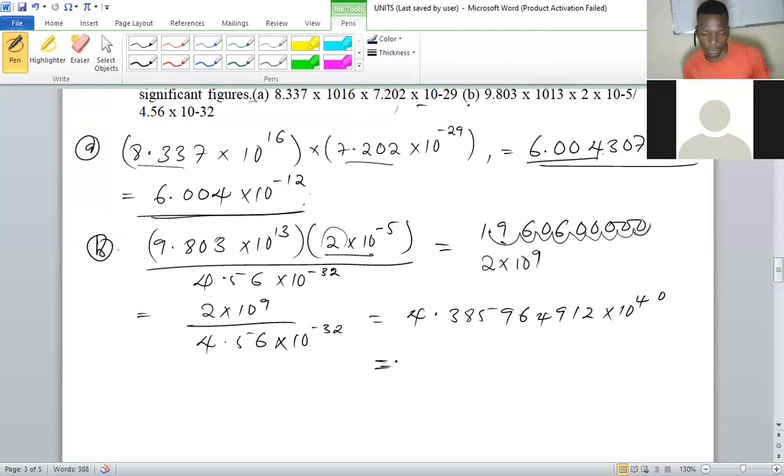The least number of significant figures is in the numerator, which has one significant figure. So even this answer has to be one significant figure. So we're going to have 4 by 10 to the power 40. Okay, so like that, we have solved that one.